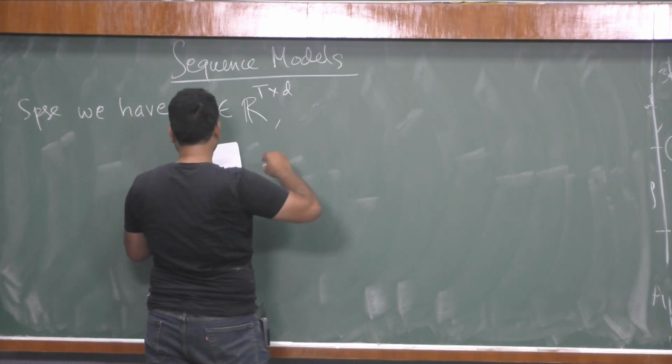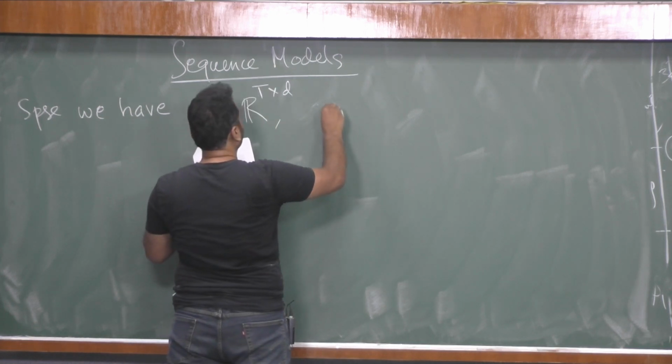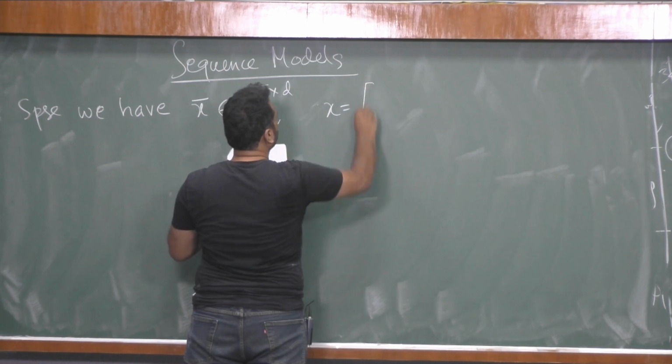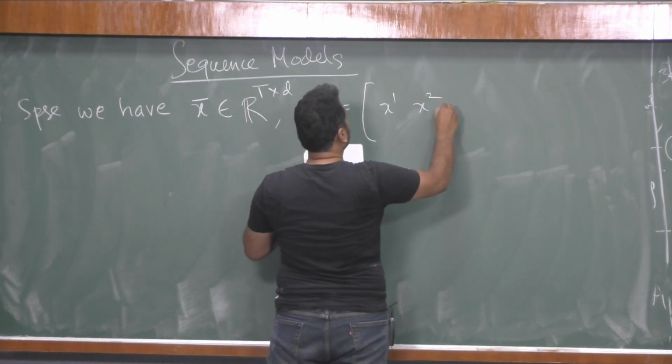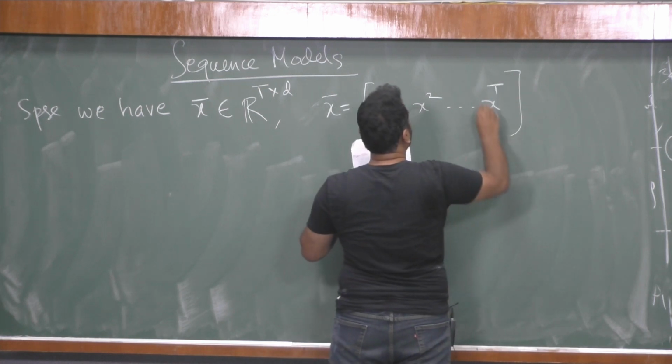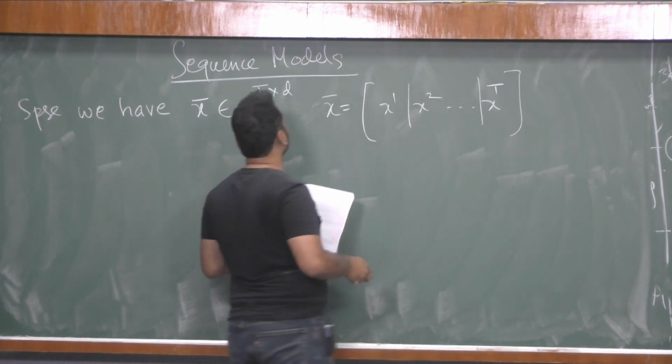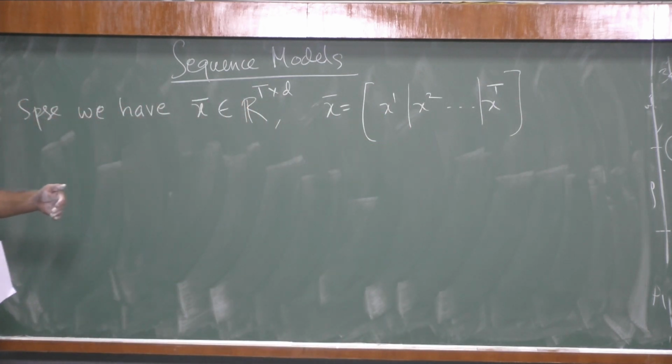since this is the first time, maybe I can define what I really mean. So this is like x1, x2, up to xT. These are the concatenation of x at time step 1, x at time step 2, and we combine them, we get x bar.